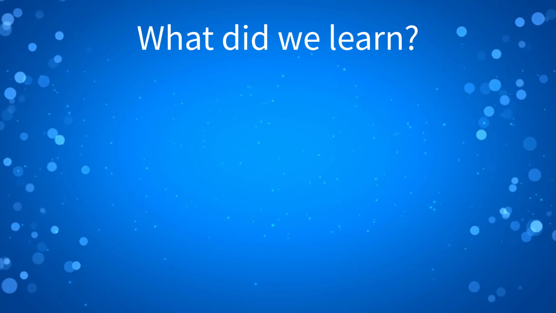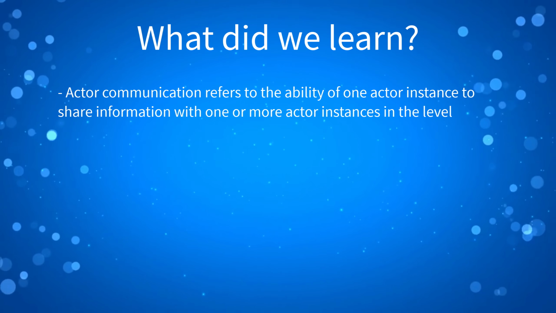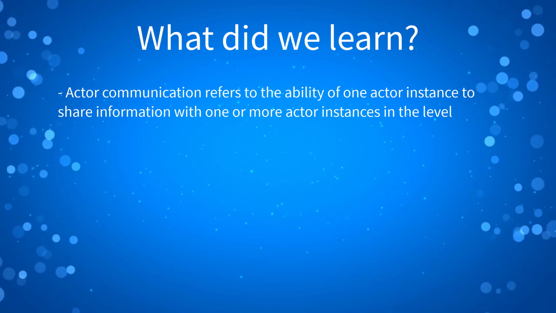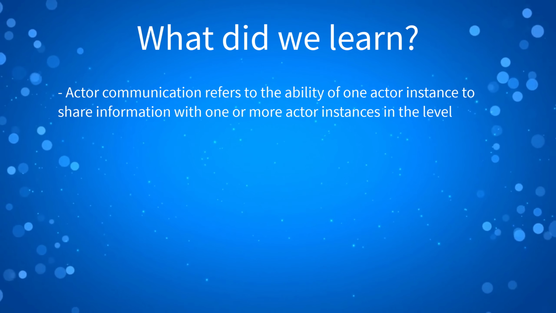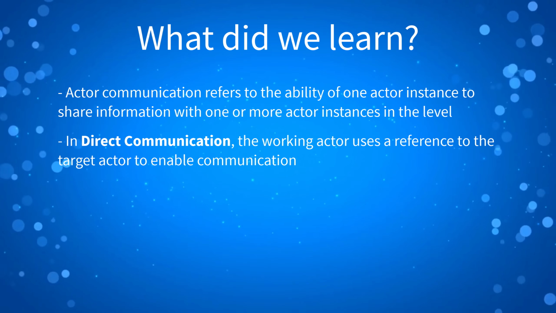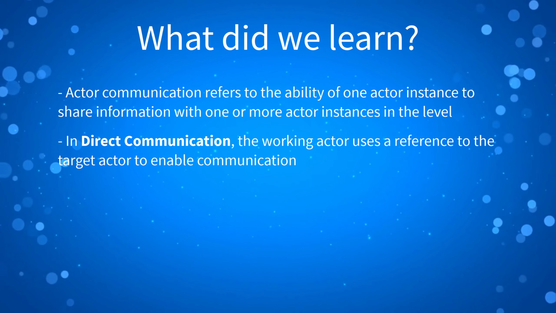Now let's do a quick recap. Actor communication refers to the ability of one actor instance to share information with one or more actor instances in the level. In direct communication, the working actor uses a reference to the target actor to enable that communication.